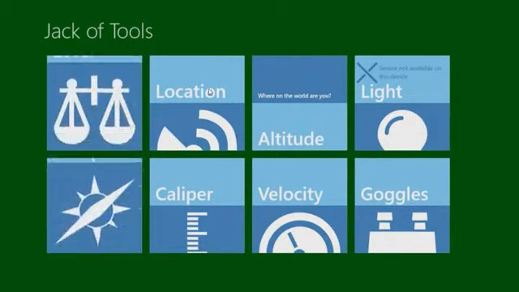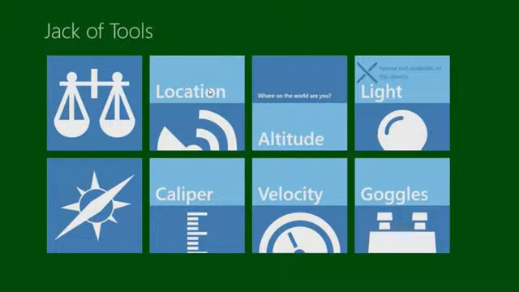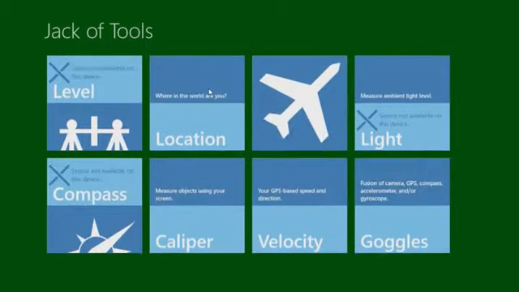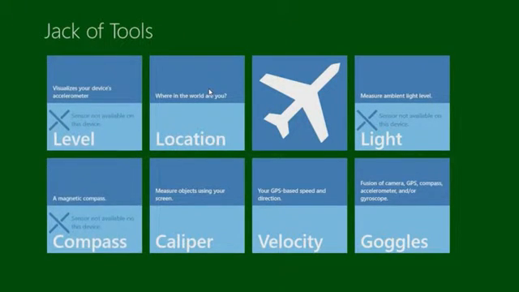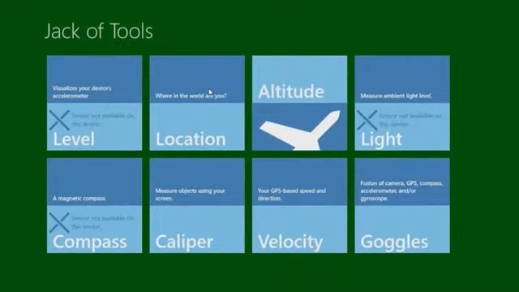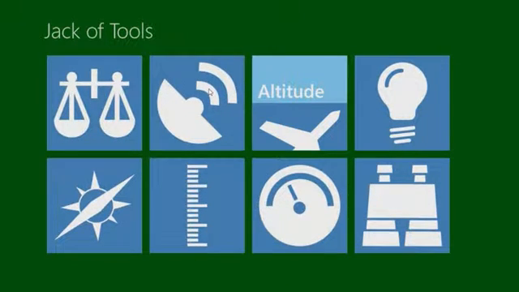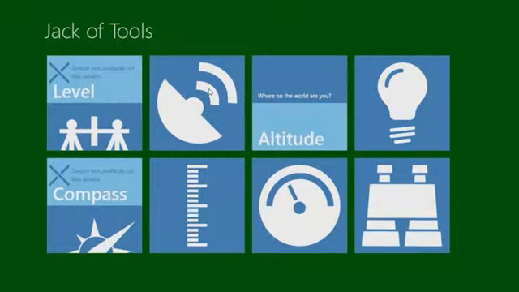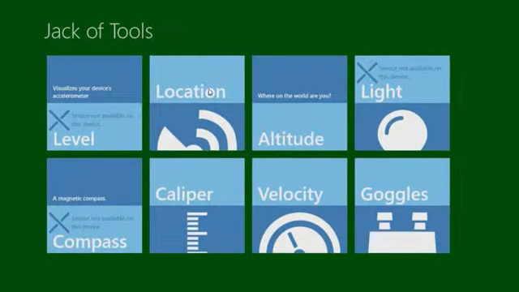You can see little X's on my screen right now because I don't have certain features on the device. This is a nice way for a consumer to know, hey, what am I capable of doing? Believe it or not, there are some people out there who have asked the question, I don't know if my particular device is capable of doing certain things.